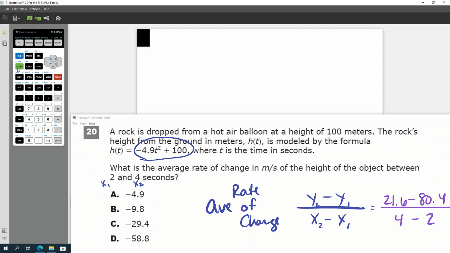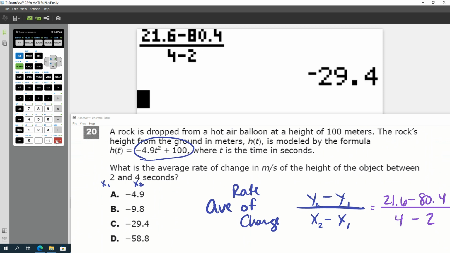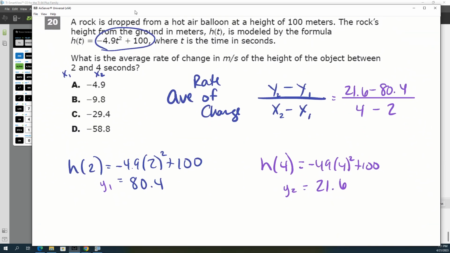I'm going to use the alpha y equals fraction bar, number 1. That gives us negative 29.4, which is answer C. So don't forget, when you do average rate of change, that just means the slope formula from back in algebra.